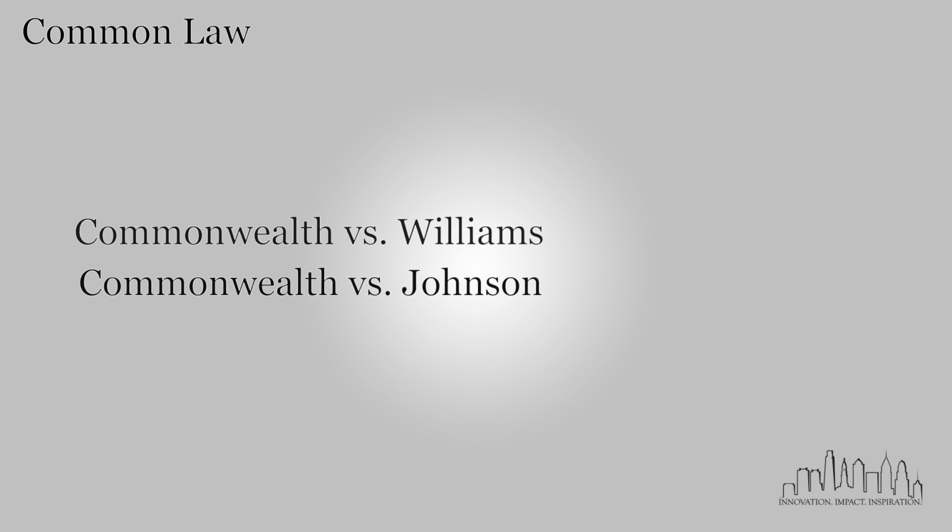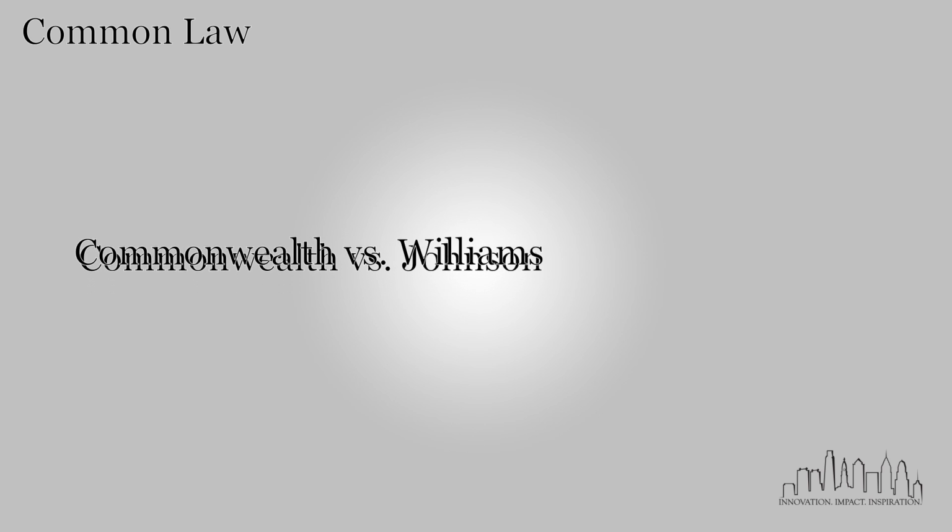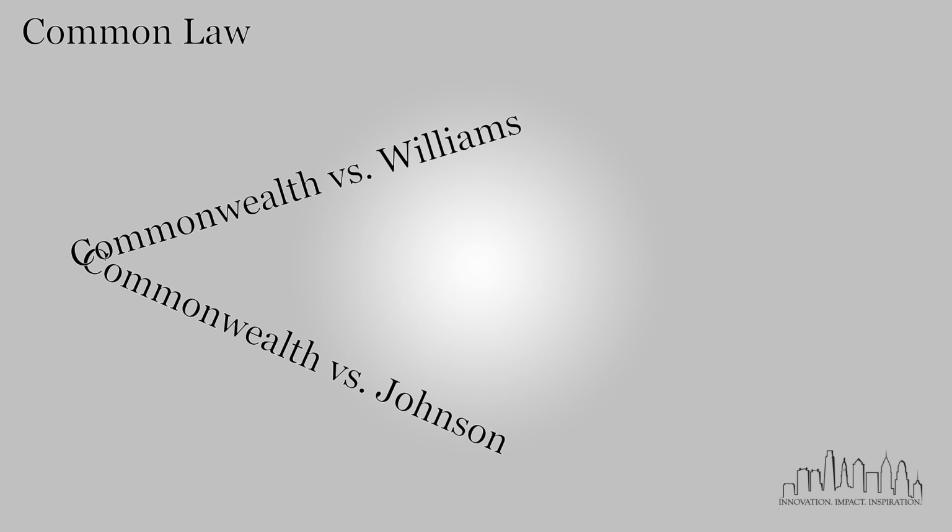Another difference between common law and statutes is the way the law develops, the movement of the law, if you will. Common law develops incrementally. Particular decisions are put together, synthesized, to develop general principles and rules. The movement of the law is from particular to general. Statutes are different.